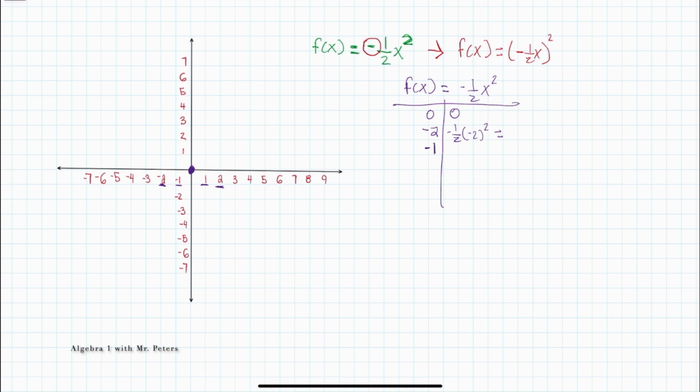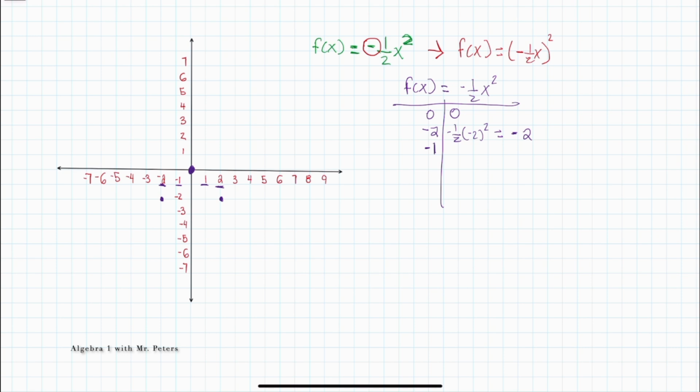That's 4. Half of 4 is going to be -2. So I know off rip, when x is -2, my y is going to be -2. And I know the same thing occurs when x is 2. Its y value is also going to be -2 because of that axis of symmetry. They share the same y coordinates because they're the same distance from the vertex.